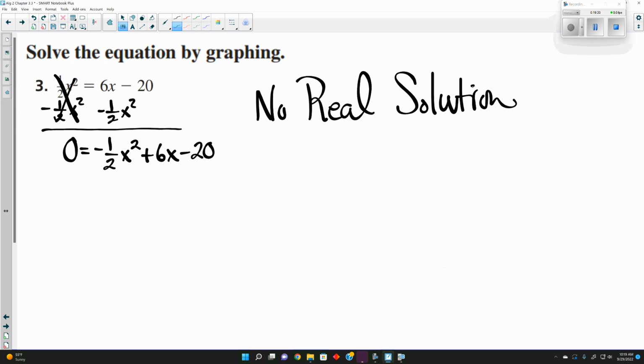But since it doesn't cross the x-axis, it's not going to be attainable by graphing. Let's look at any other questions on this one here before we look at the next one.